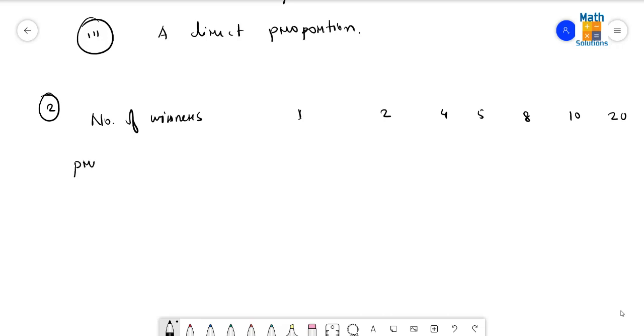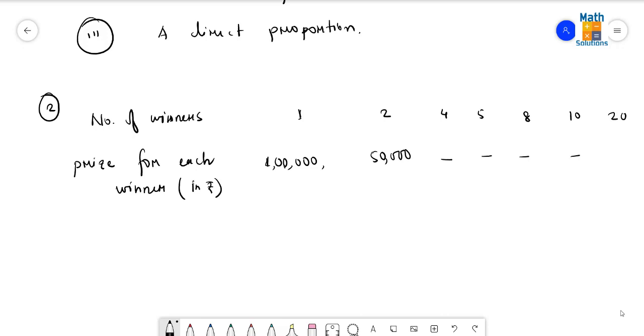Then prize for each winner in rupees. For the first case it is 1 lakh. Then in the second case, it is 50,000. So of course half. The rest of the things we are to determine.